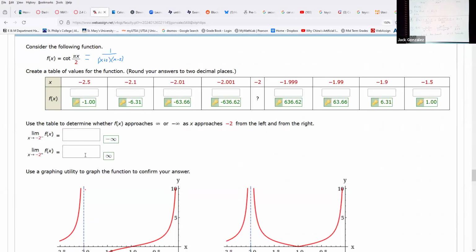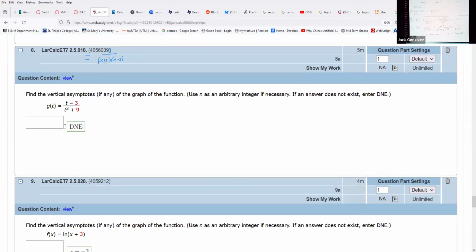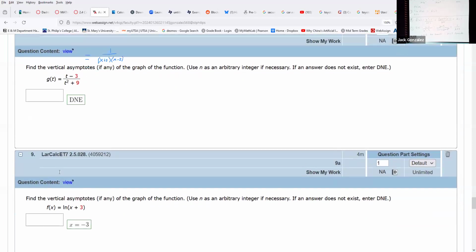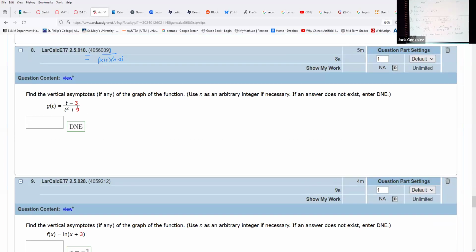So right here, they're going to ask you, okay, find the vertical asymptote. So you have to find out, is there a value that makes the bottom 0? Can this bottom ever be 0?